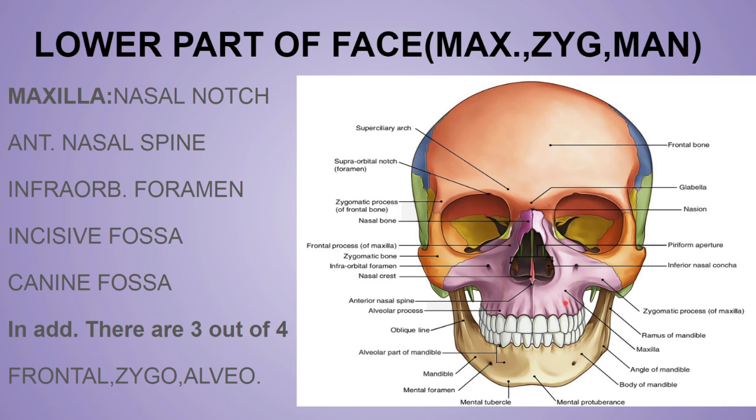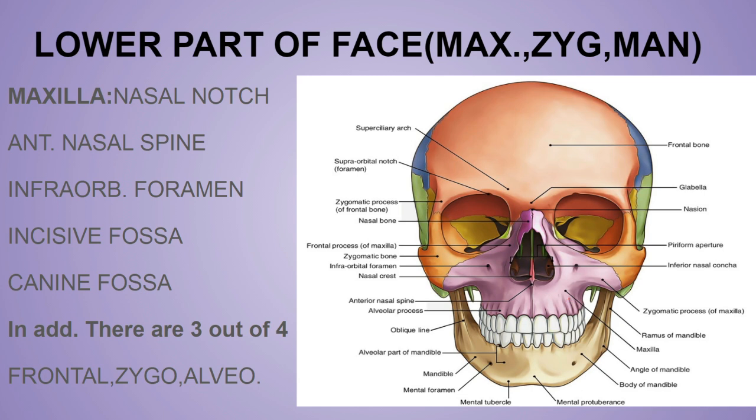Now next are the processes of the maxilla. I told you before, we have mainly four processes in the maxilla, out of which only three form the norma frontalis. The fourth one, the palatine process, will not form the norma frontalis.